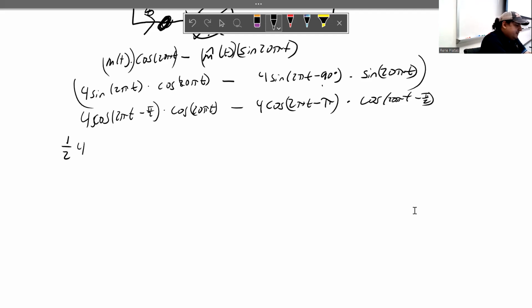The amplitude is 4, cosine of their sums, which is 22 pi t minus pi/2, plus their differences, which is cosine of -18 pi t minus pi/2.